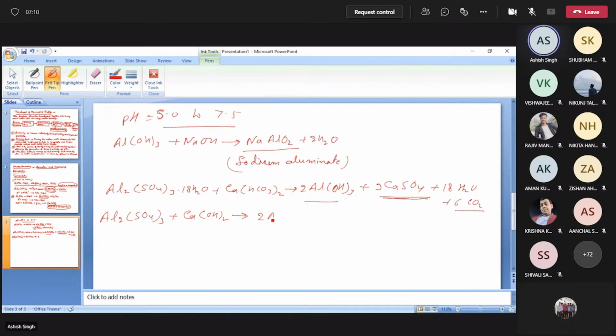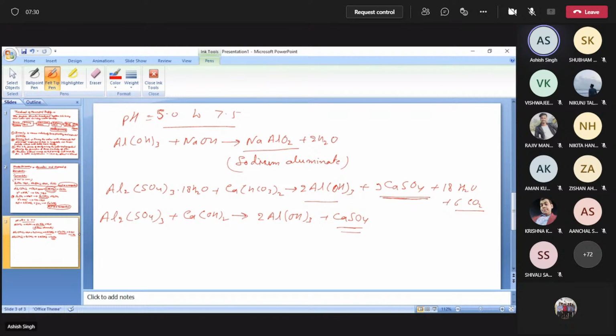When calcium hydroxide is used, there is the formation of aluminum hydroxide plus calcium sulfate. With the formation of calcium sulfate, the permanent hardness increases.